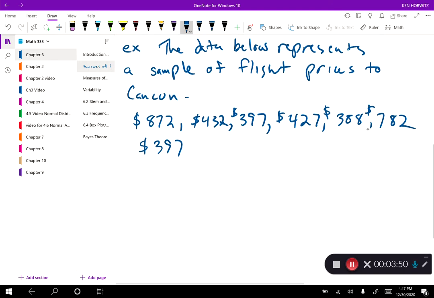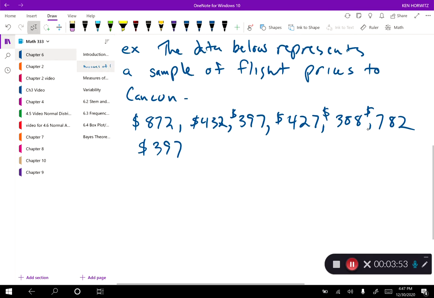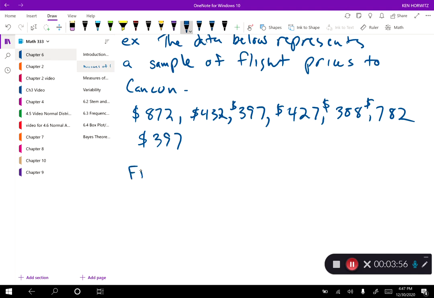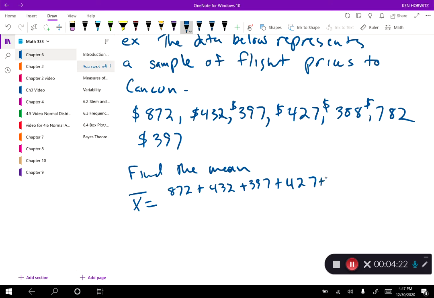All right, so we want to find the mean. When we find the mean, we're going to use x bar, and we're going to add up 872 plus 432 plus 397 plus 427 plus 388 plus 782 plus 397.